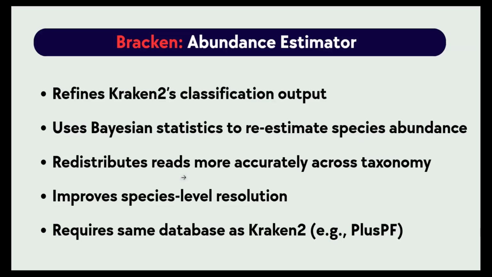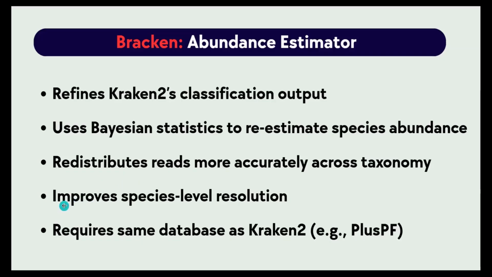Here comes it. Bracken tries to reassign those reads more specifically down to the right species, given a more precise count. Okay, so it redistributes reads more accurately. Your uncle knows you and can match you to your father. He is confident and he will match you to your father in the right way.